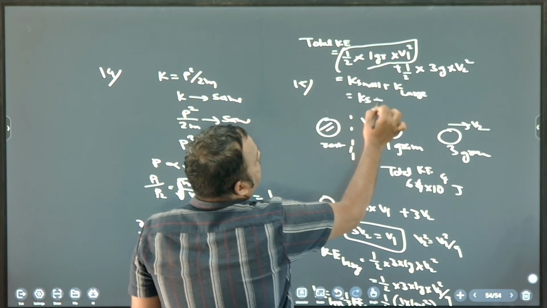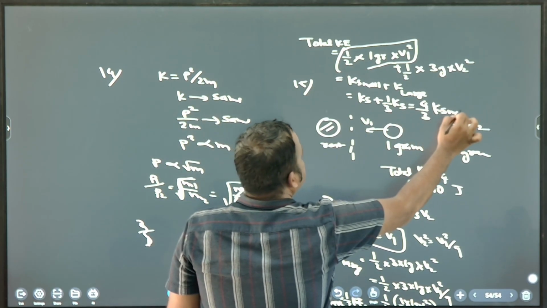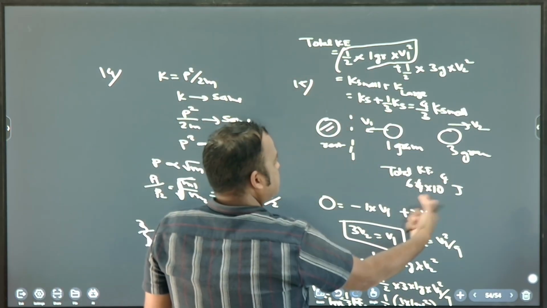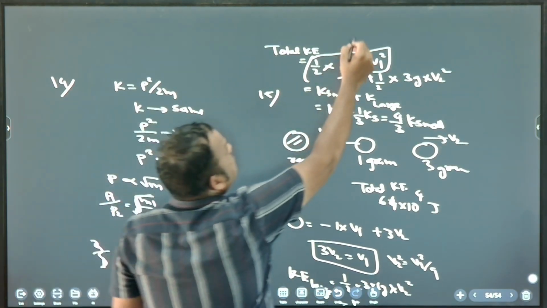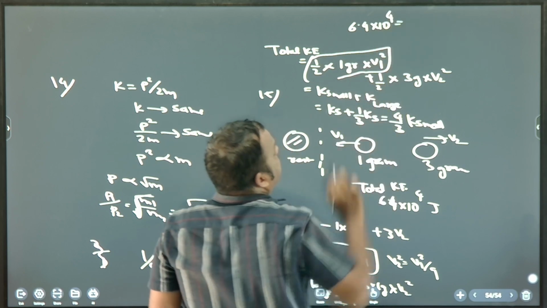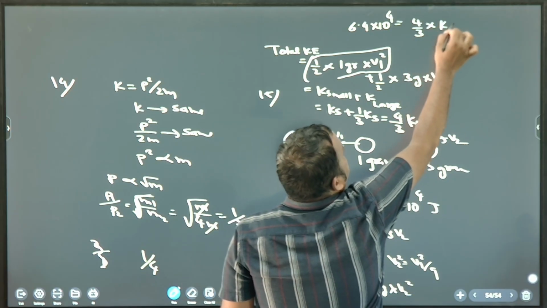K small plus 1 by 3 times K small is equal to 4 by 3 K small. So 4 by 3 K small is total, and total is this. So you solve like this. 6.4 into 10 raised to 4 is equal to 4 by 3 into K small.